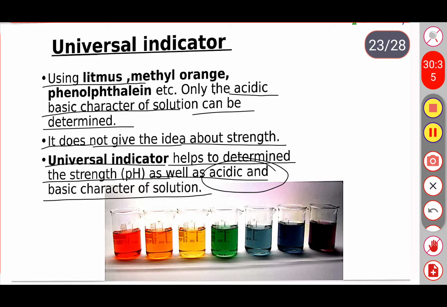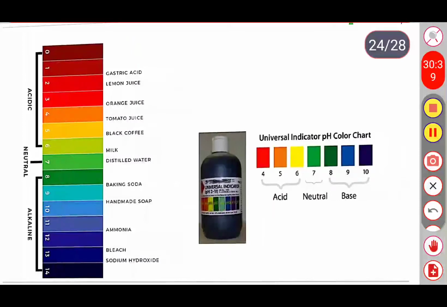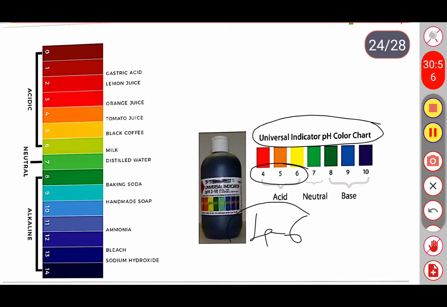So this is the chart of the universal indicators. From pH value 4 to 6, if any substance has a pH range from 4 to 6, all those substances belong to acidic character.